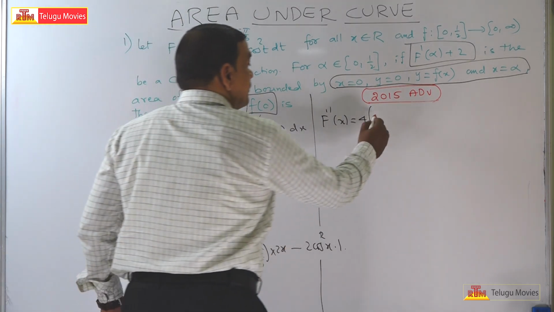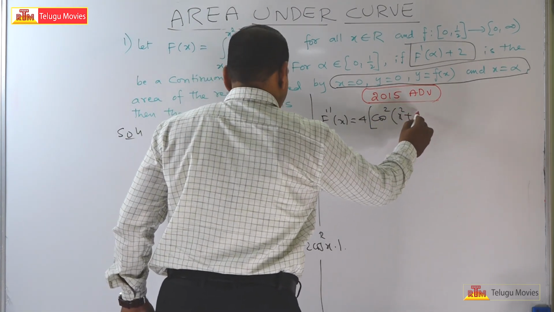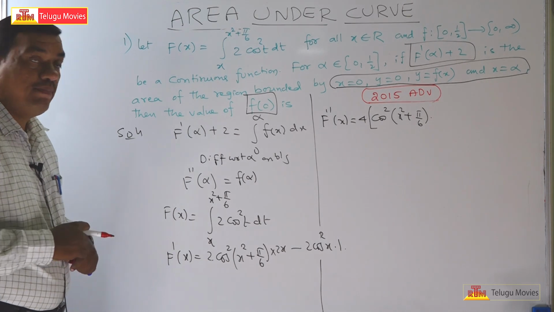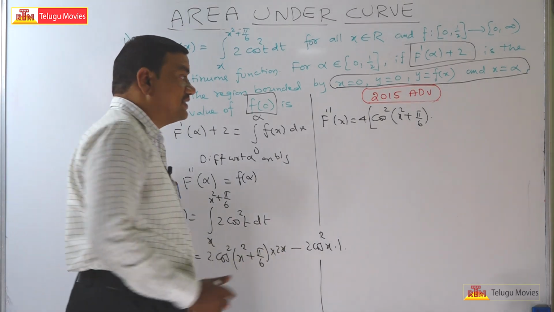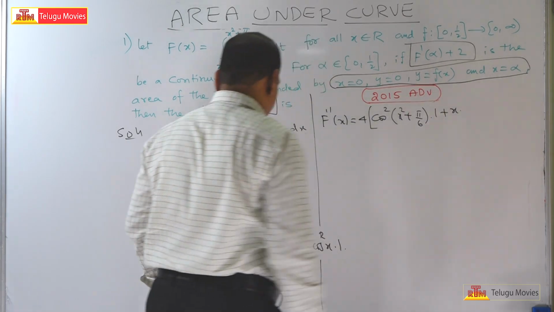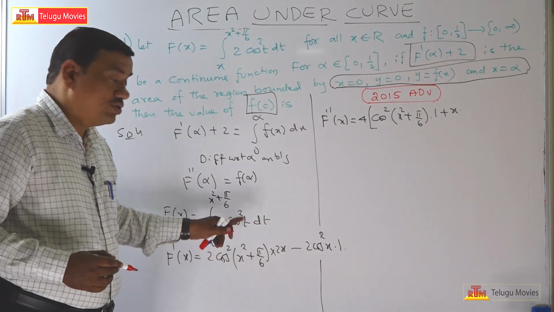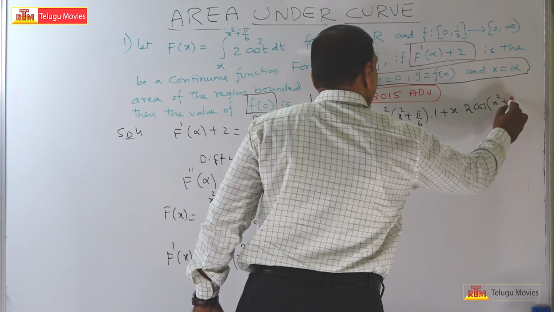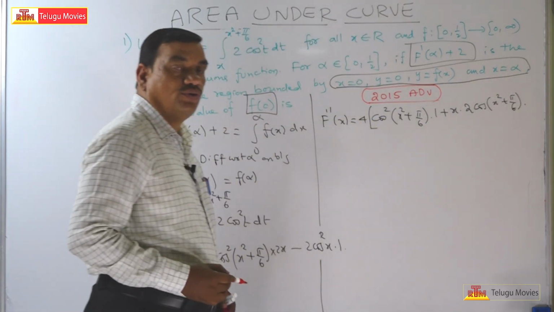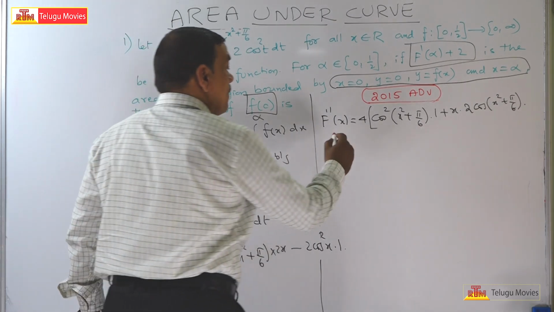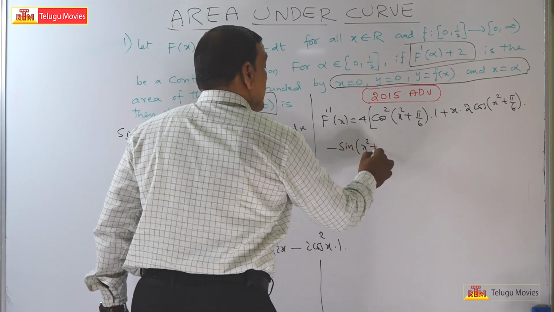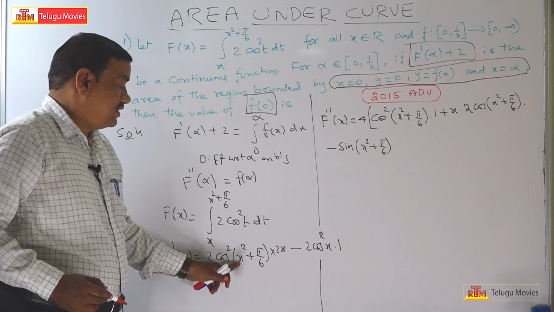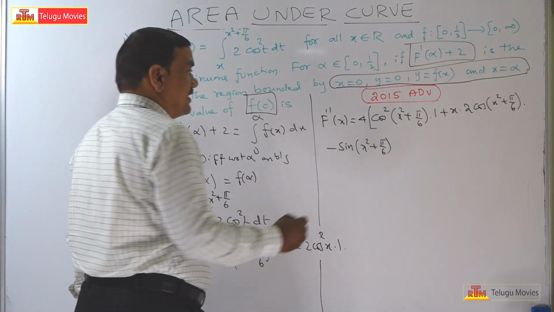First, cos square of x square plus pi by 6 put as it is, into the derivative of x, which is 1, plus x into the derivative of cos square, that is 2 cos of x square plus pi by 6, into the derivative of cos, minus sine of x square plus pi by 6, into the derivative of x square plus pi by 6, that is 2x.